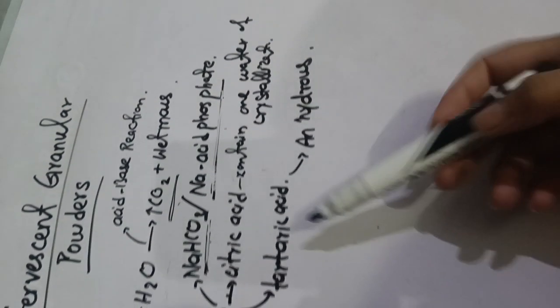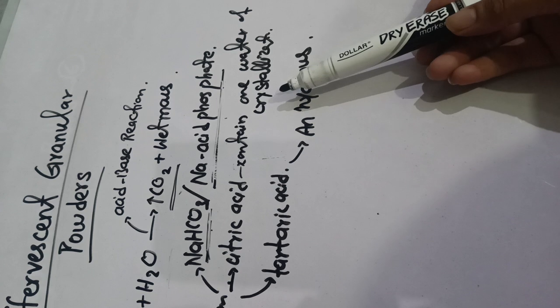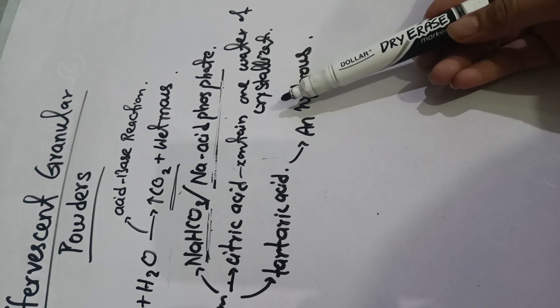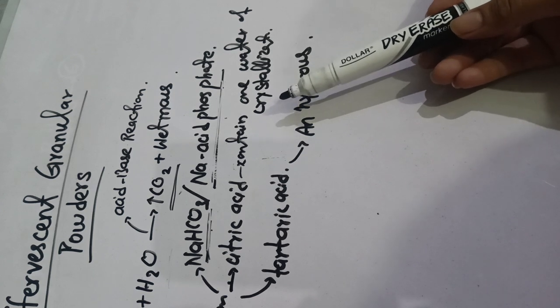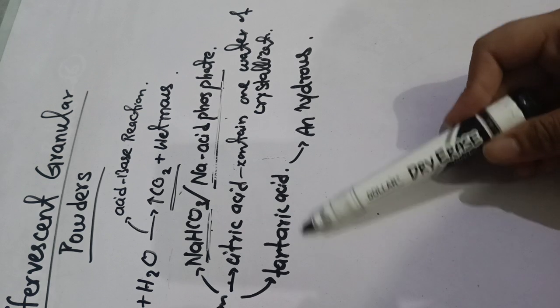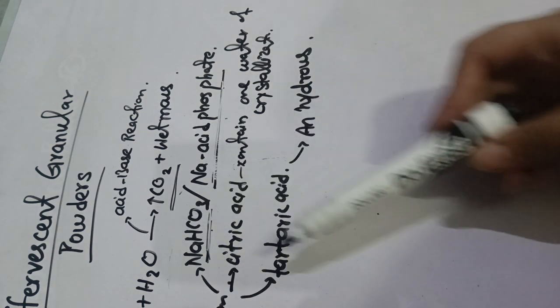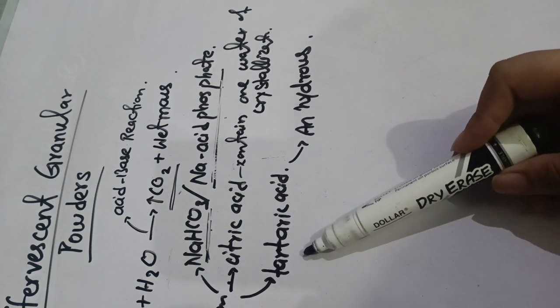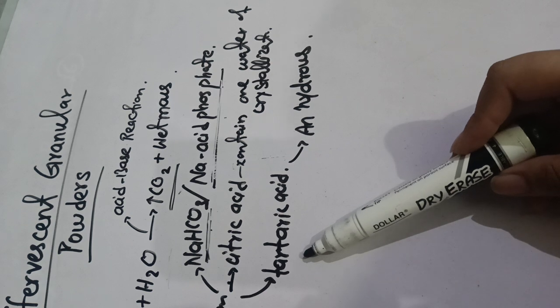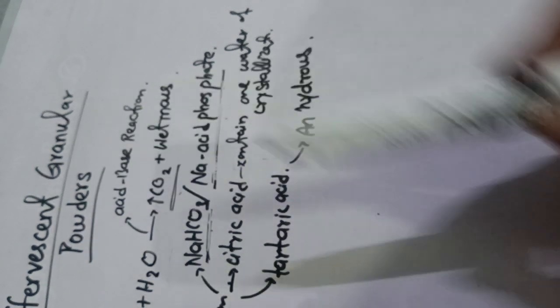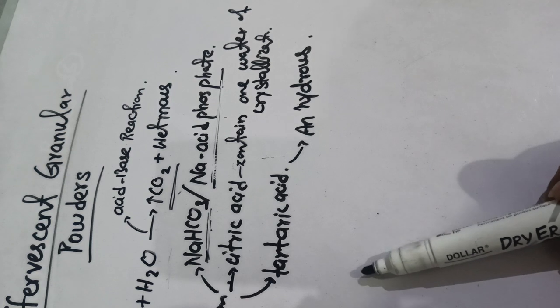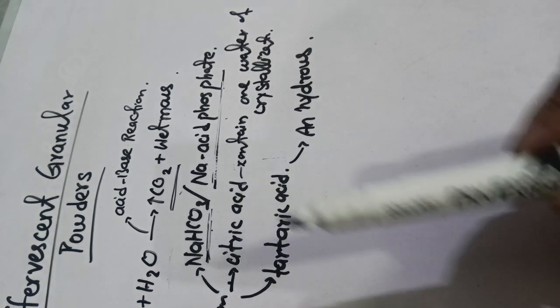If we add only citric acid, it will make the paste too wet. And if we add only tartaric acid with the sodium bicarbonate, it will make our paste very dry, and it cannot be converted into a powder-like form. So these two acids are very important.